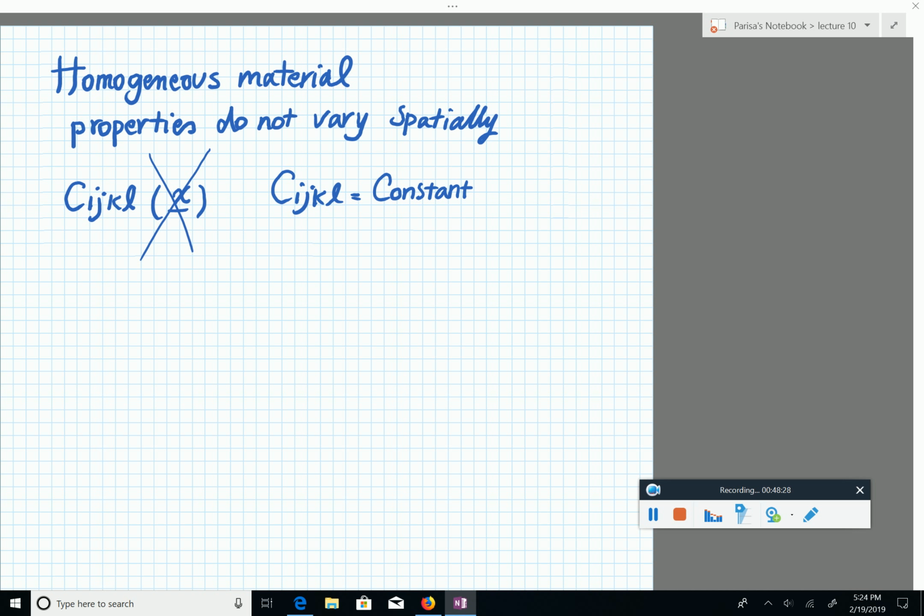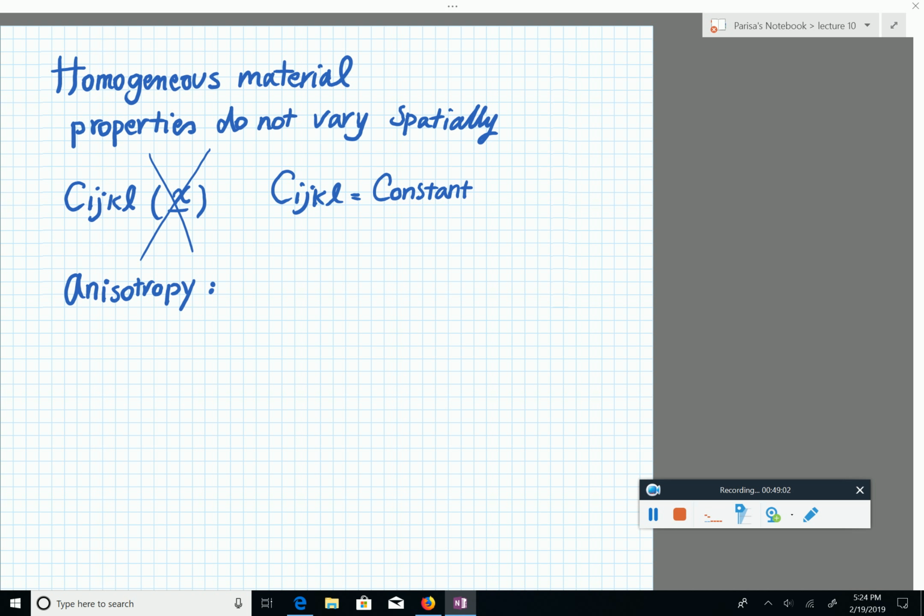Now we go to the second one, which people always mix up, and that is anisotropy, right? So let's talk about anisotropy first. What does it mean? Exactly. So it has something to do with orientation, not necessarily the spatial location, right?